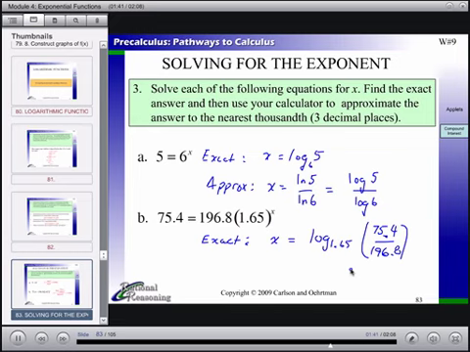What is the approximation for part A, number 3? Okay, check your answer to number 3.